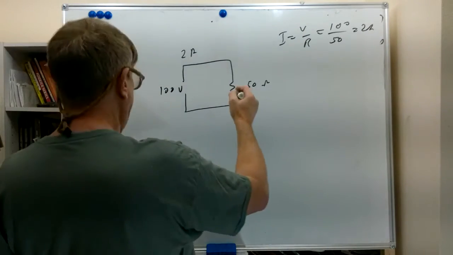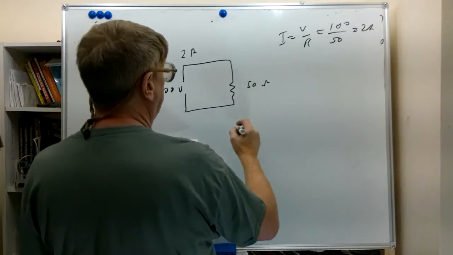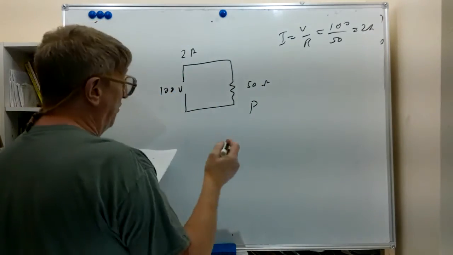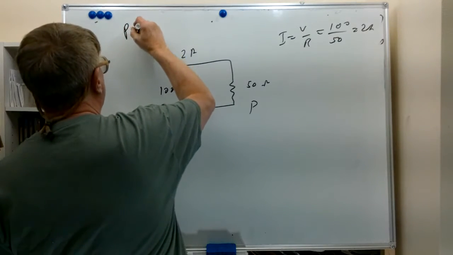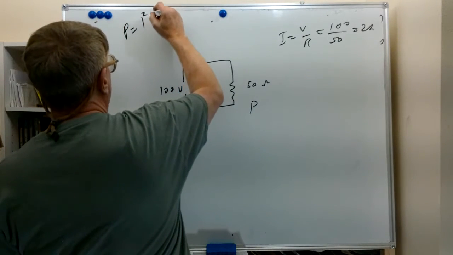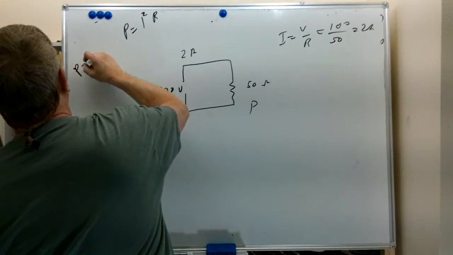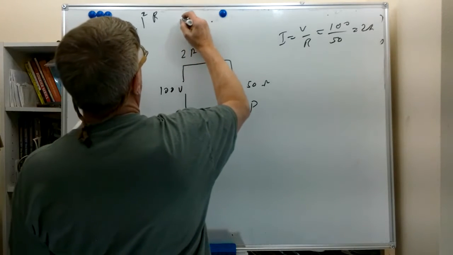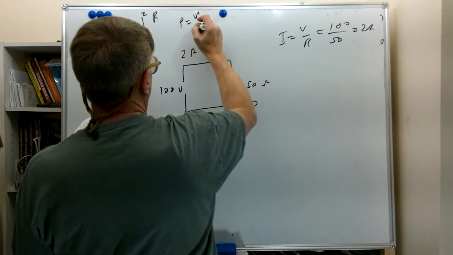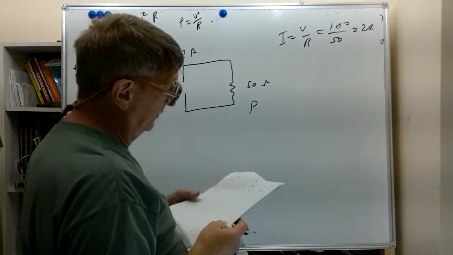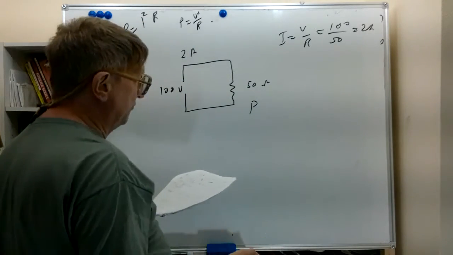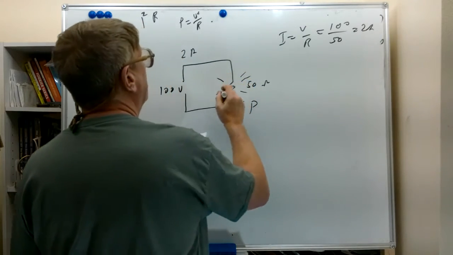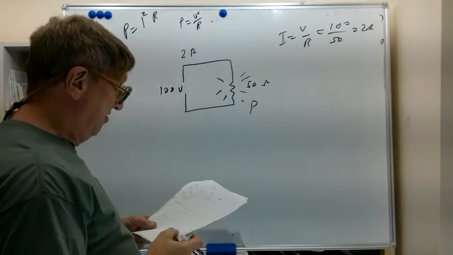We want to figure how much power is being dissipated in this resistor. We know that power, because we solved that a little bit ago, I'll write it back up here. Power equals I squared R. Power equals VI. And we had power was equal to V squared over R. So we got this resistor giving off heat. I'm going to draw some little lines to indicate the heat is coming off that resistor into the air around the resistor.